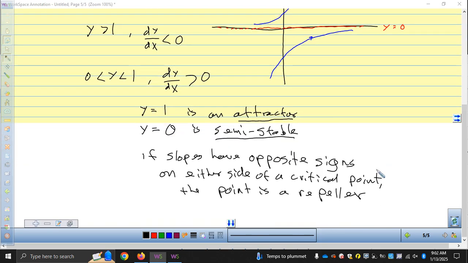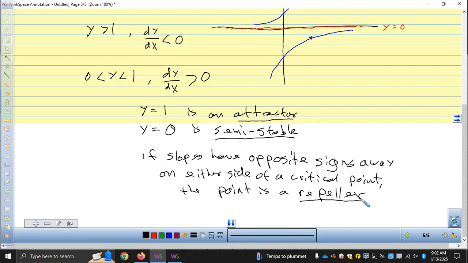I'm going to say opposite signs away, not opposite signs towards. So we have attractors, semi-stable critical points, and critical points that are repellers.